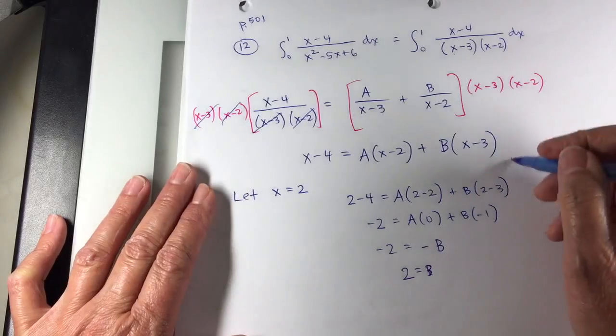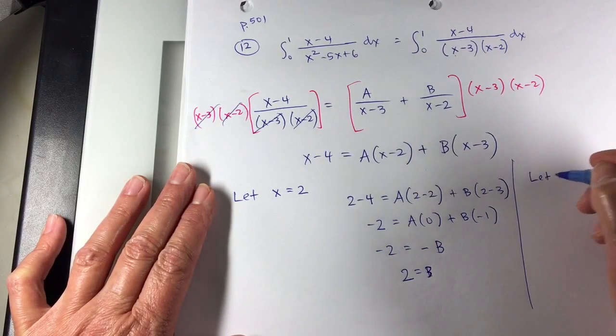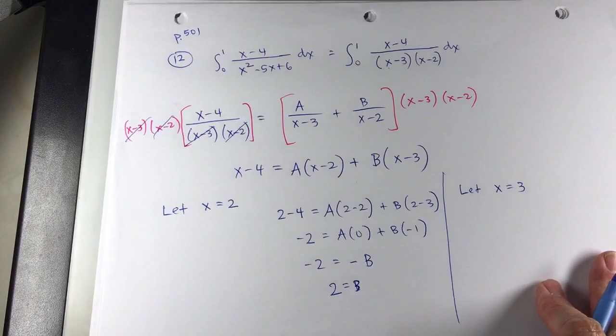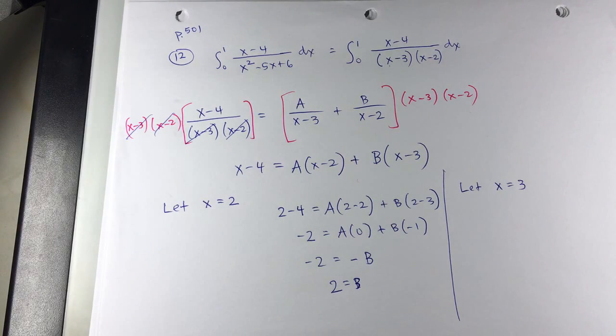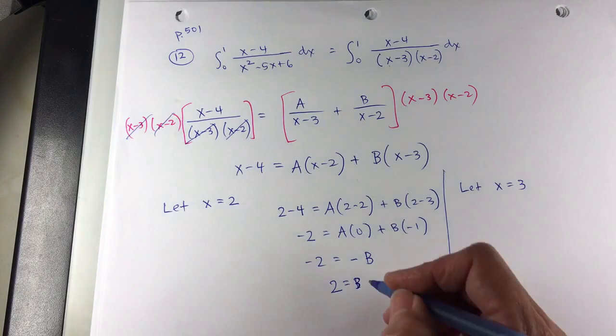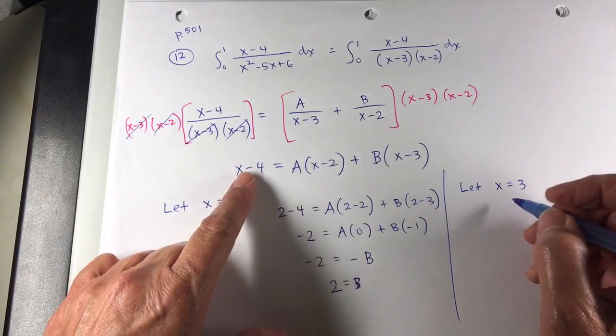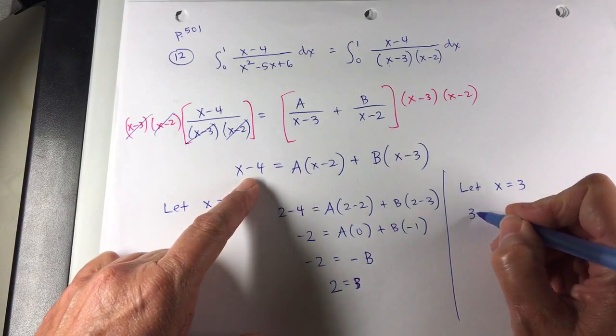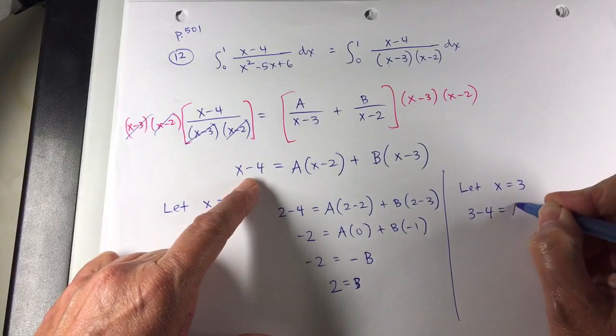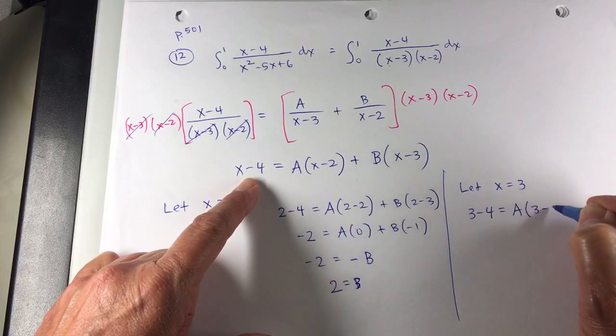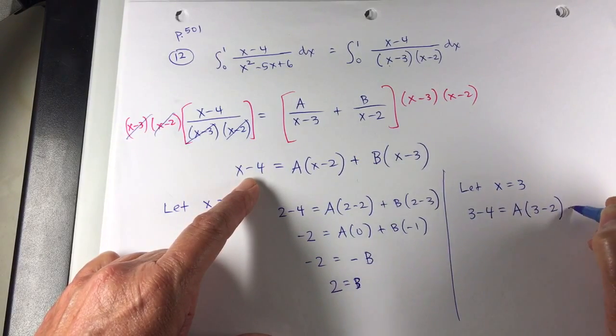And I can do the same. I can say let x equal 3. Well, I could put in the 2 for b at that point, but I'm going to pretend I didn't notice that. Let x equal 3. 3 minus 4 equals a times 3 minus 2 plus b times 3 minus 3.